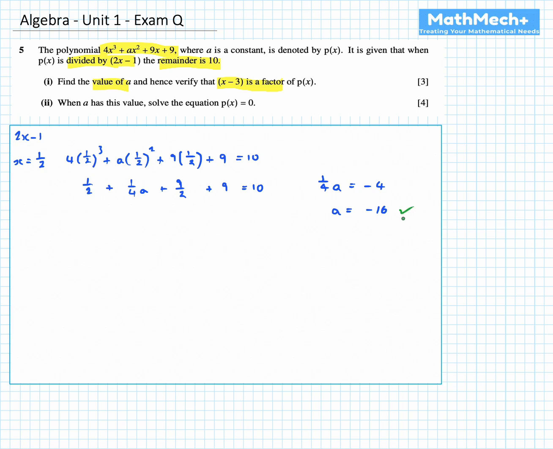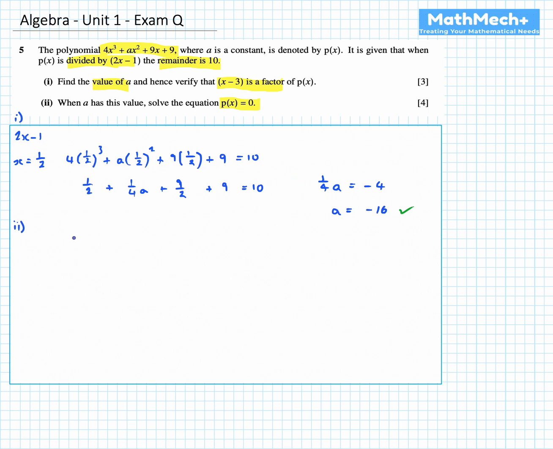So find the value of a and hence verify that x minus 3 is a factor of p of x. So that's known now. So when we have a, there's certain rules that were given here with the 3 aspects of this unit: remainder theorem, factor theorem, and using division, or synthetic division is what it's called. So when p of x is equal to 0, you can find factors because they're inherently part of it.